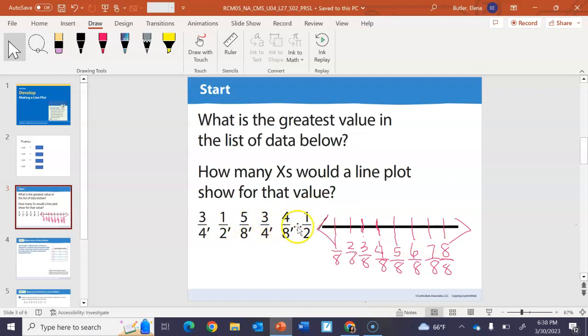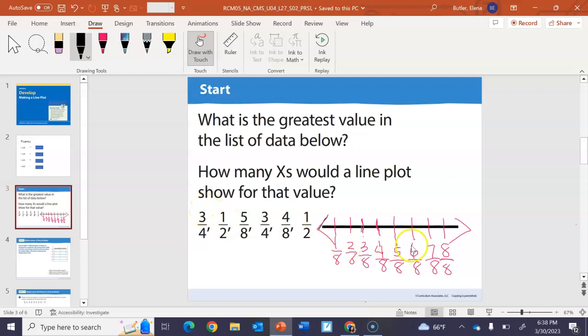But we need to figure out our equivalents before we make that decision. So I went ahead and wrote all of my parts into eighths because my smallest unit is an eighth. So I wrote everything as 1/8, 2/8, 3/8, 4/8, and so on. So now we are going to plot our points.